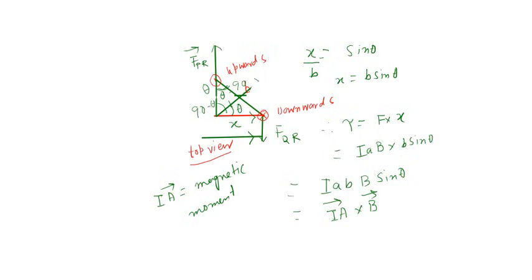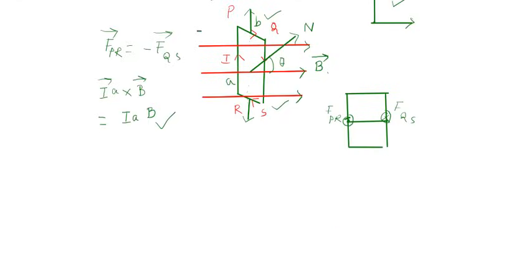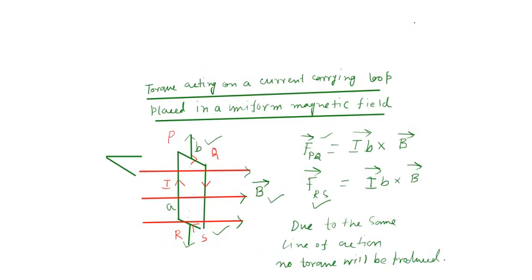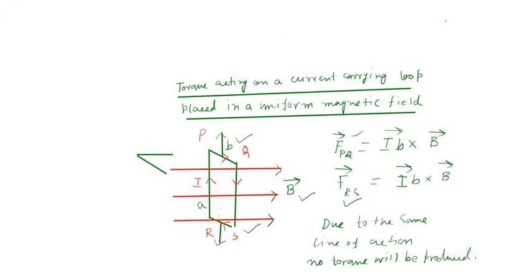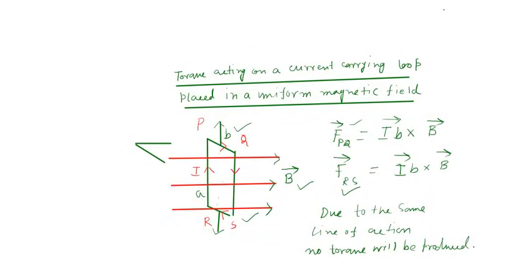First of all, you have to remember, if we go to the first page, these two forces, FPQ and FRS, will be equal and opposite, and they will always have the same line of action, whatever may be the orientation of the loop.